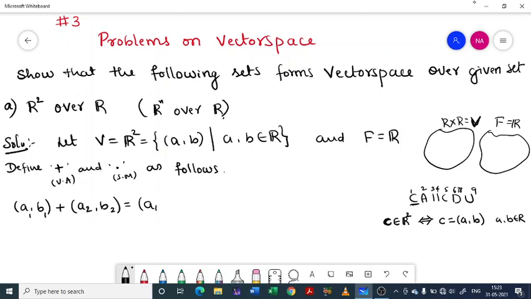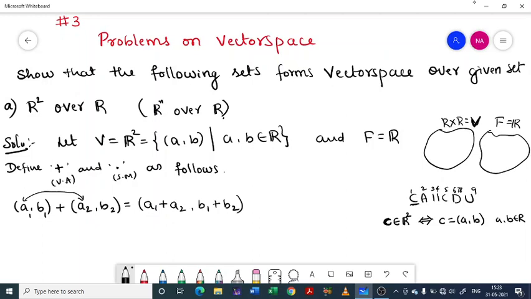You have to add corresponding entries. a1 and a2 are real numbers, so their sum is a real number; b1 and b2 are real numbers, so their sum is also a real number.